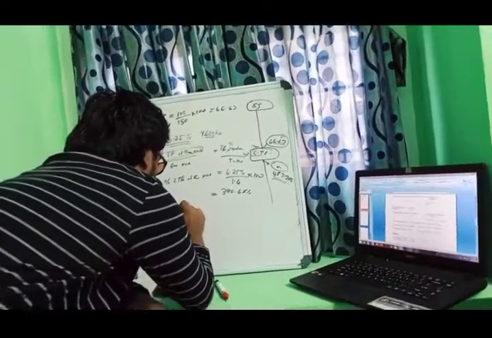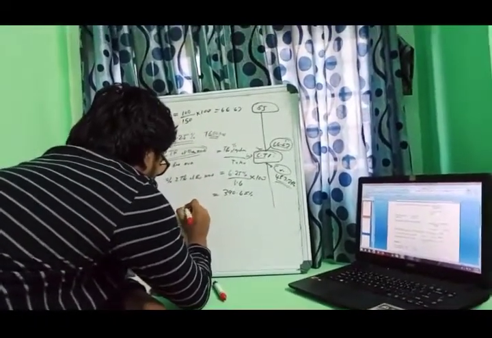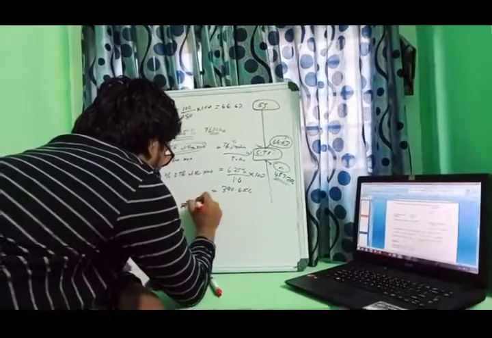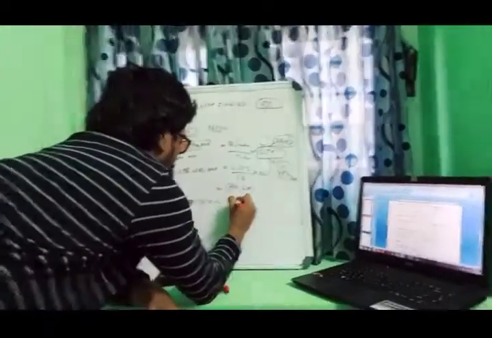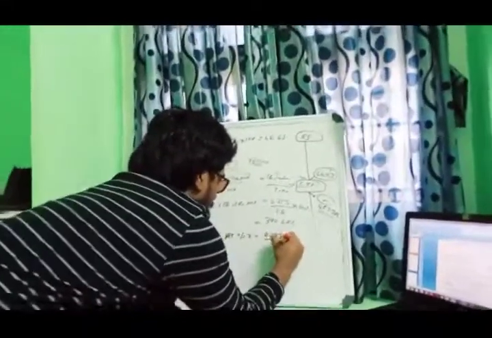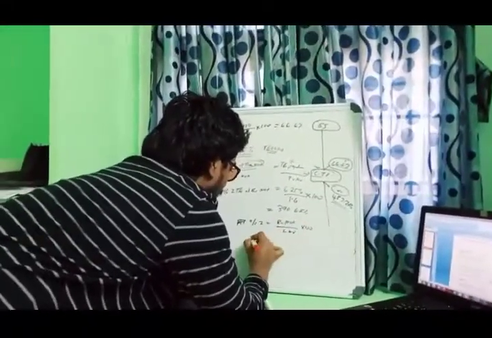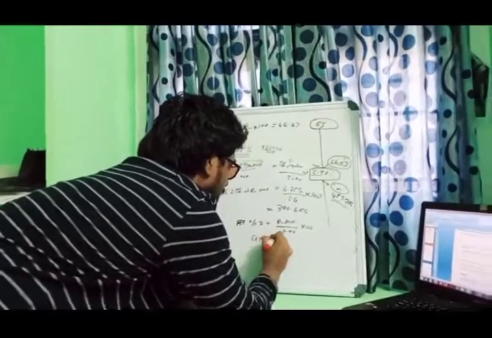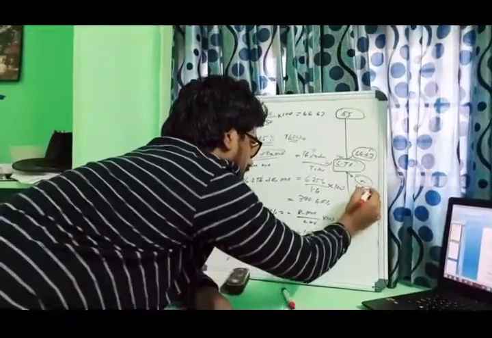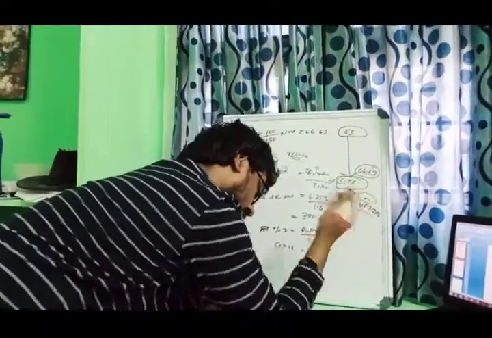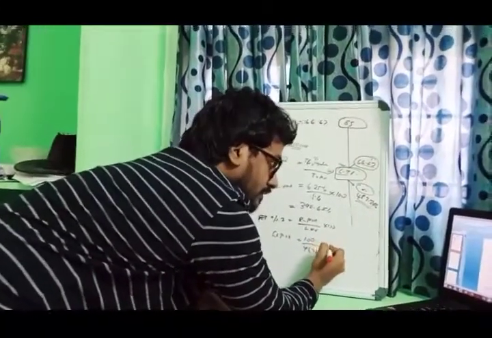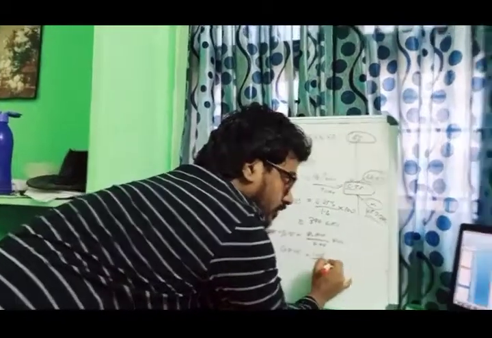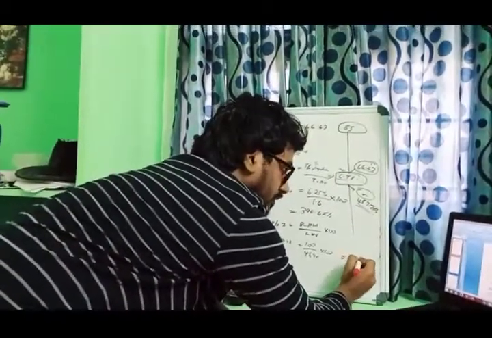The initial equation used was percentage impedance equals base MVA by fault MVA into 100. We do the reverse of this: fault MVA is base MVA 100 by this percentage, 457.28, into 100, which comes around 21.86 MVA.